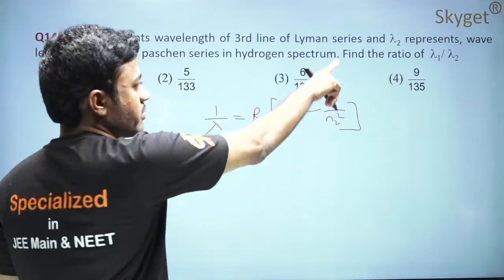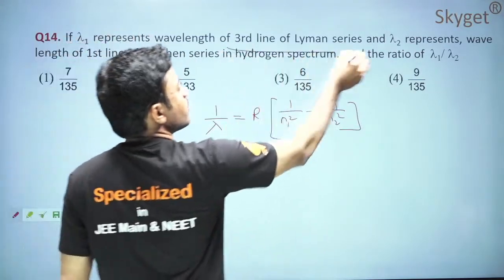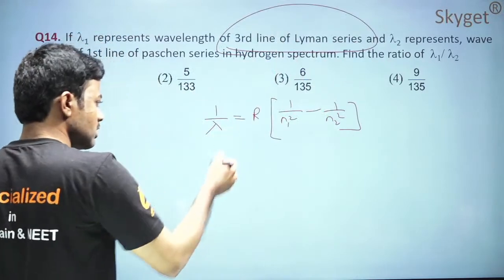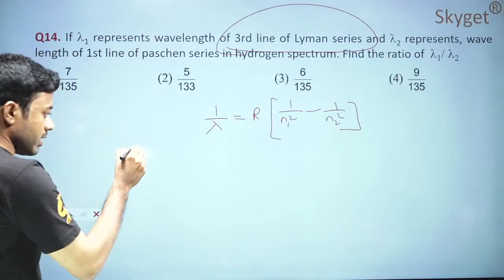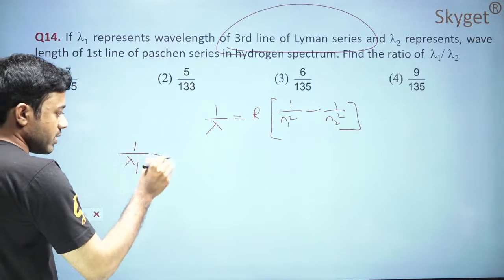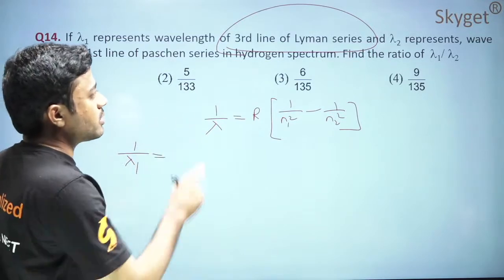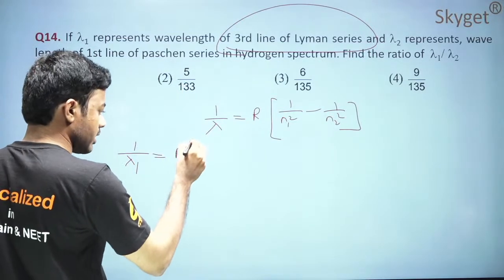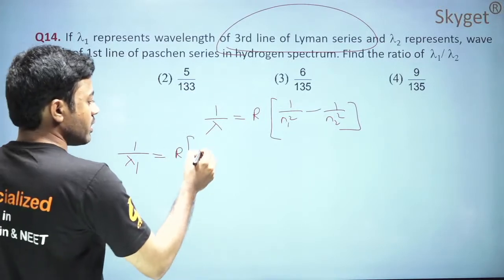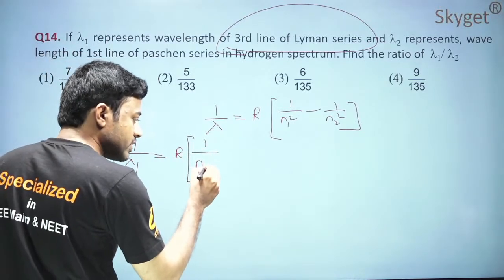First let us take the wavelength 1, that is the third line of the Lyman series. So let it be lambda 1. Lambda 1 is the wavelength of the third line of the Lyman series, equal to R, the Rydberg's constant, into, where the electron has to jump to the first orbit.